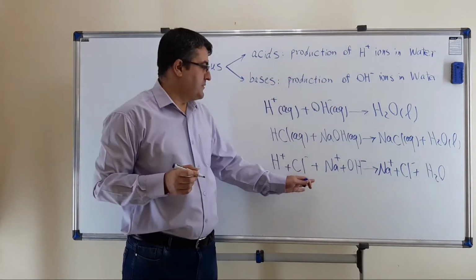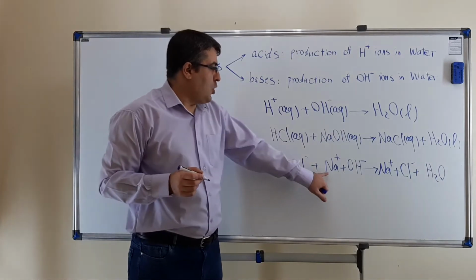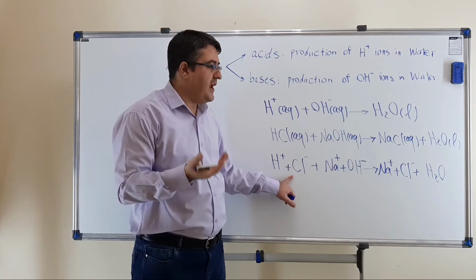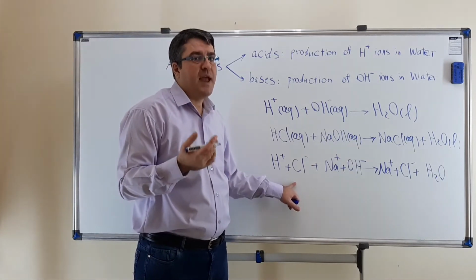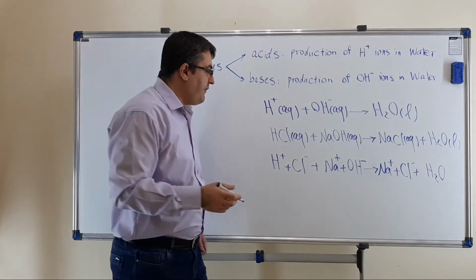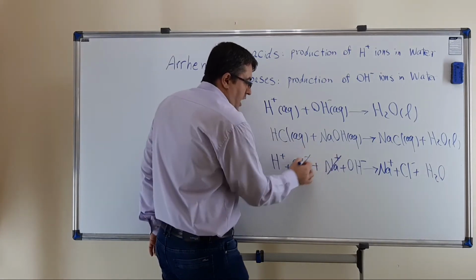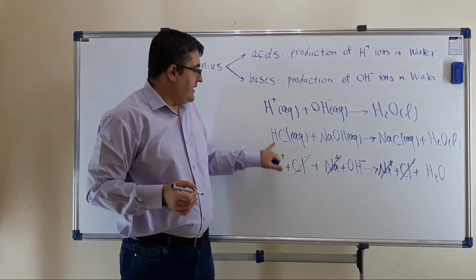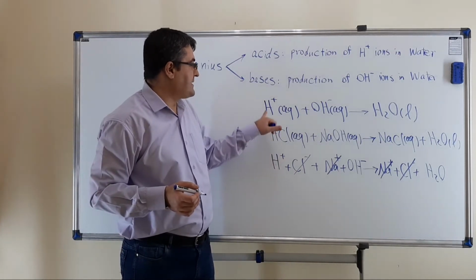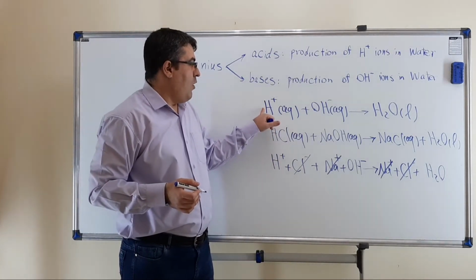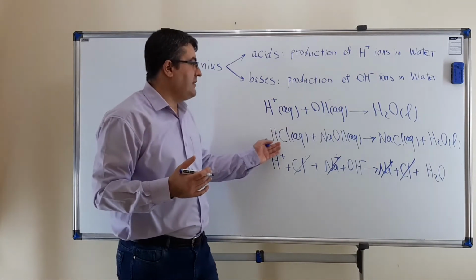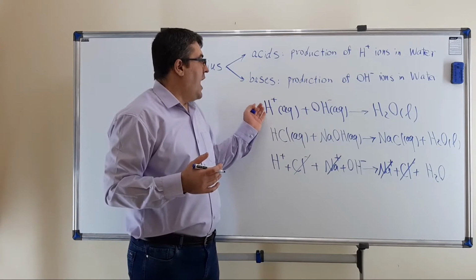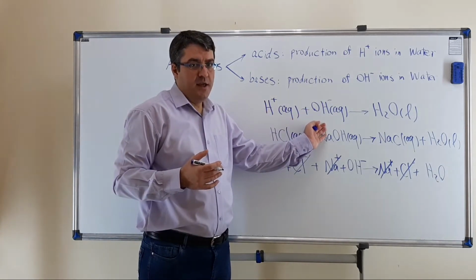Now it is easy to see that sodium and chloride ions in this reaction don't change. These are our spectator ions. If we omit these spectator ions, we see that this reaction is based on this one. Or the main reaction behind this is the reaction between hydrogen and hydroxide ions.